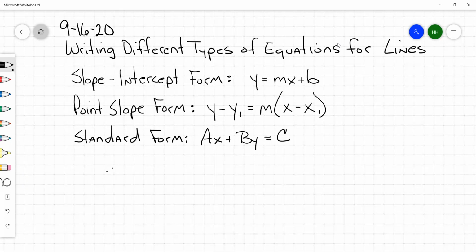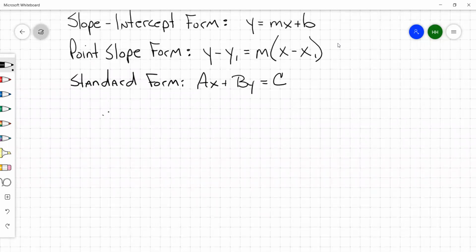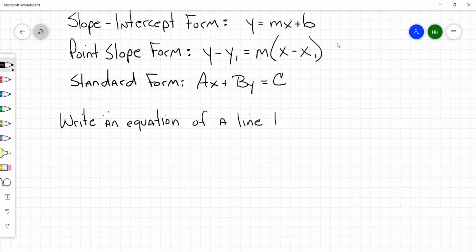So, we are going to write an equation of a line that passes through negative 5, 2, with slope 3/5.